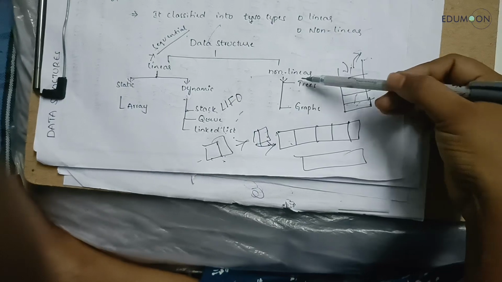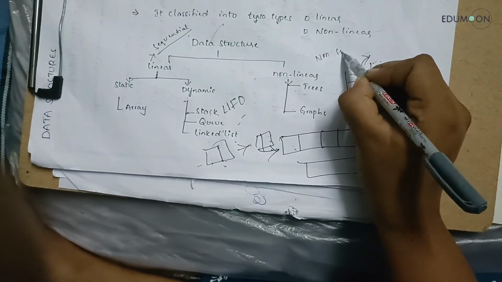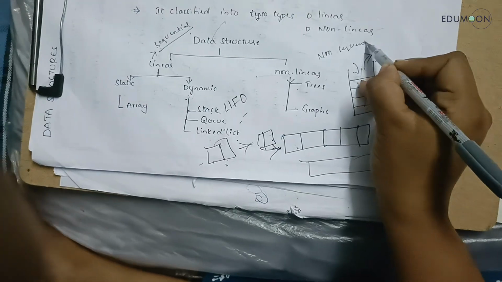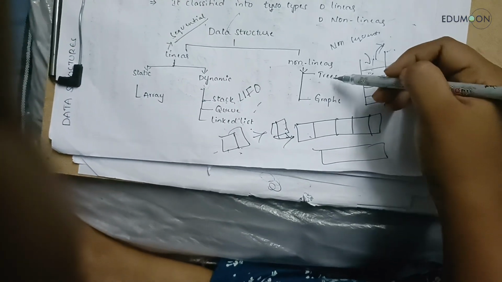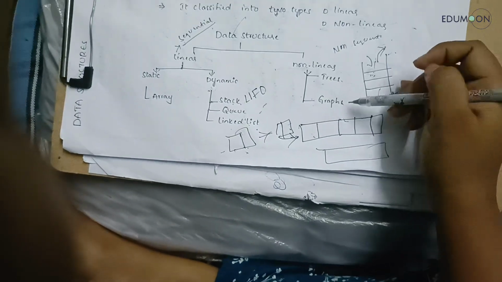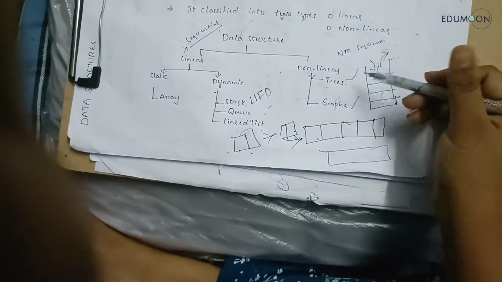Non-linear data structure means the data is stored in a non-sequential manner or in non-sequential memory locations. It is further divided into two types: one is trees, another one is graphs.